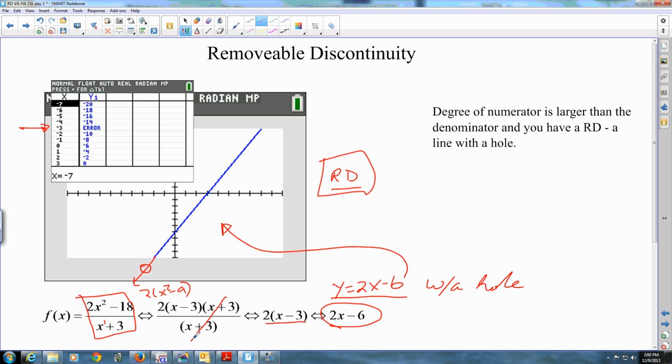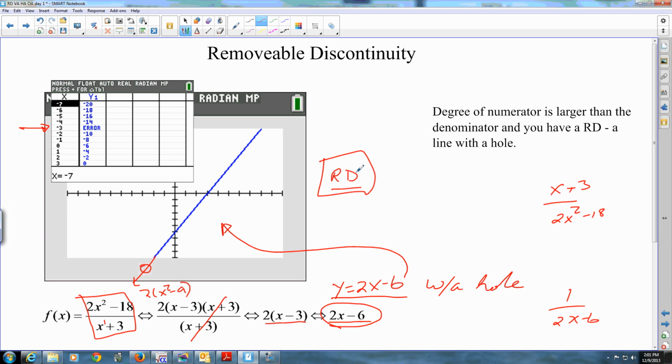Because something canceled, and the degree of the numerator was bigger, you just ended up with this. If it was the other way around, if you flipped it, if you had x plus 3 over 2x squared minus 18, when stuff canceled out, you'd have 1 over 2x minus 6. This isn't a line, but it still has a hole because this thing cancels out. It's called a removable discontinuity.